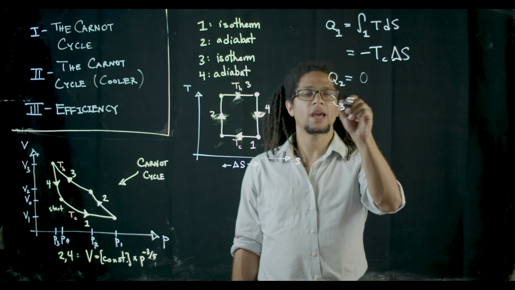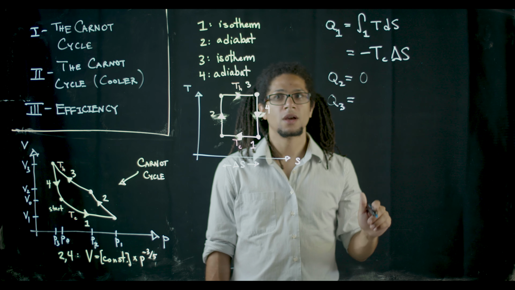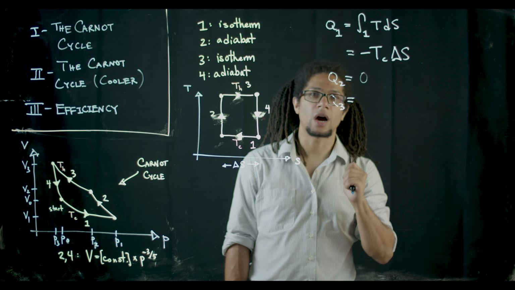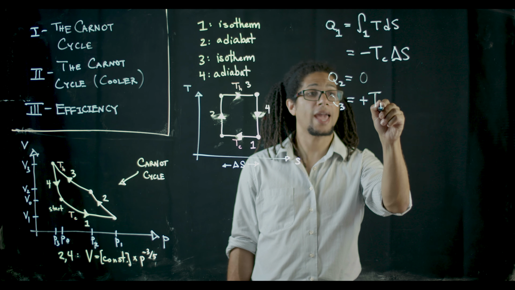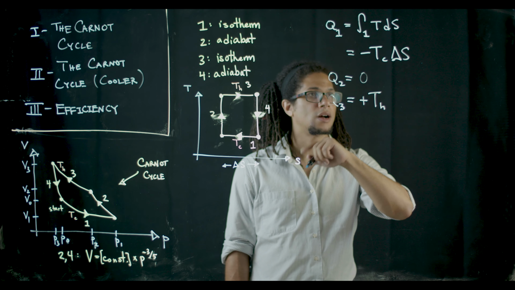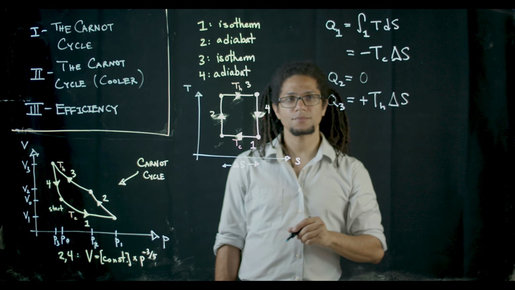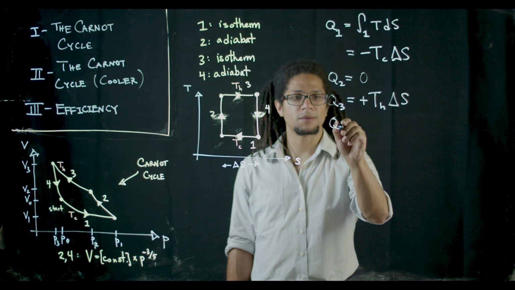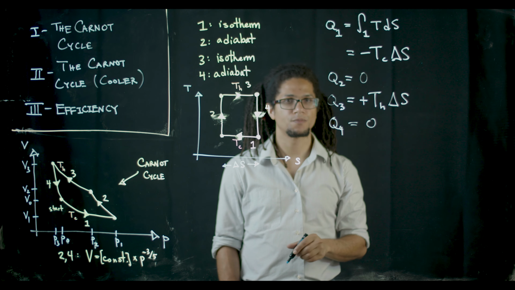Next up, Q3 has basically the exact same calculation logic as Q1, but notice that because the curve is going in the opposite direction, we'll get a plus sign. So we get plus TH, since we're at the hotter temperature isotherm, delta S. And lastly, by the exact same logic as Q2, Q4 is equal to 0.